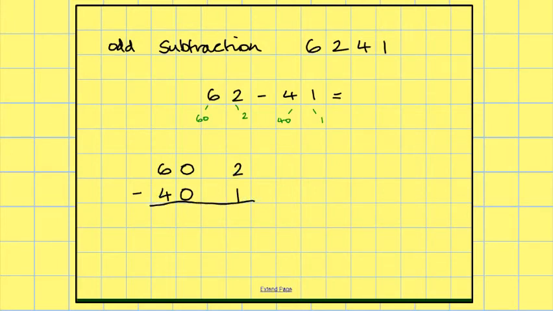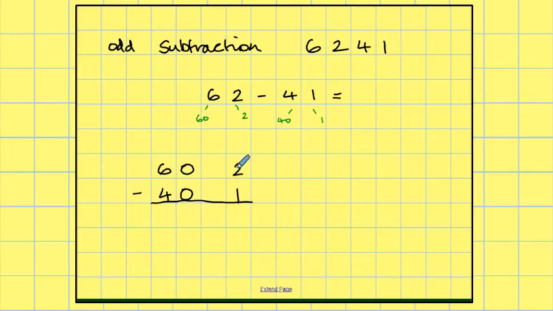Oops, nice straight line. I'm going to try that one again. Nice straight line like that, a bit straighter. Use a ruler if you can. Then, if you remember, we always try and start off with our ones numbers because we might need to exchange some of the tens across. Do you remember?